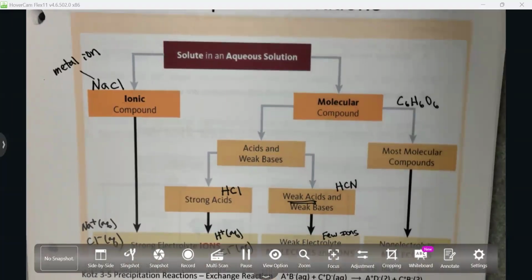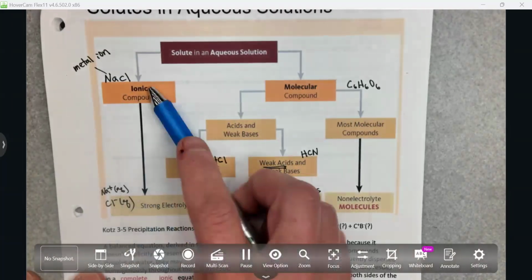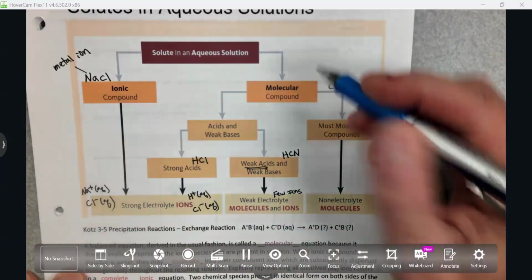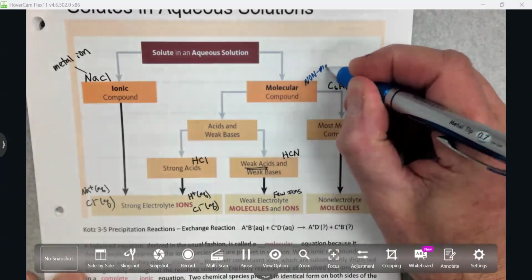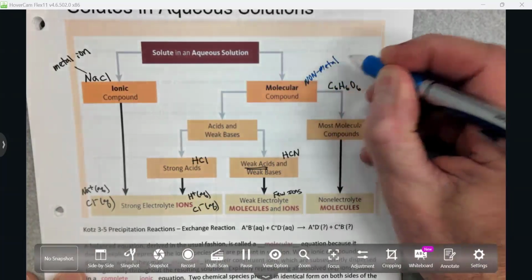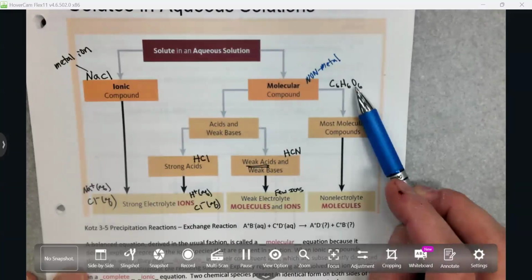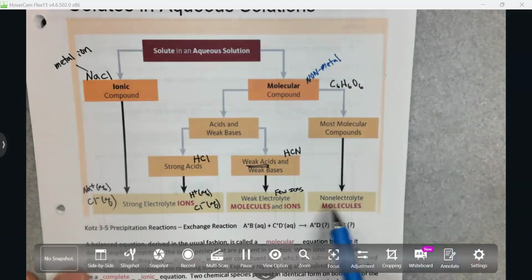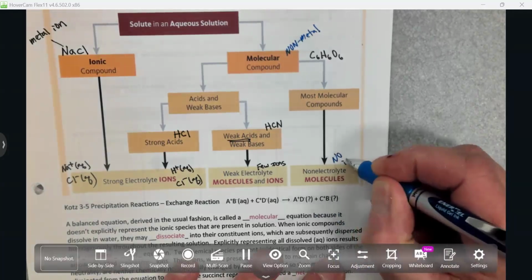Then where we left off, we kind of did this flow chart here a little bit. If it's an ionic compound, it's going to start with a metal ion. If you see a bunch of non-metals together, carbon's a non-metal, hydrogen's a non-metal, oxygen's a non-metal, most of these are going to be non-electrolytes, no ions.